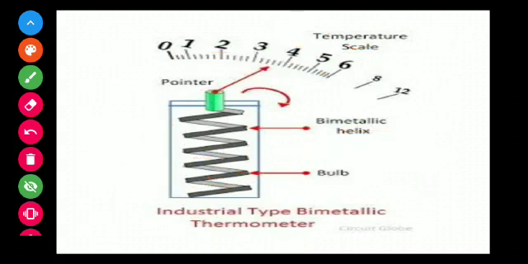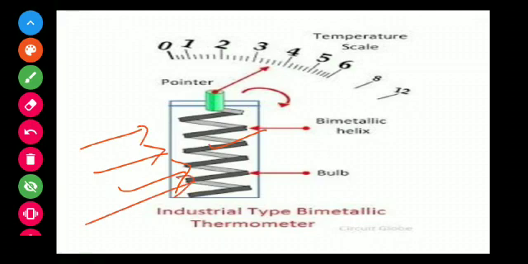This is your bimetallic thermometer. This is your bimetallic strip, and when we supply heat, due to heat radiation there is unequal thermal expansion of metal 1 and metal 2, and due to this unequal thermal expansion there is a bending in the metal, and due to bending the pointer moves on the scale.